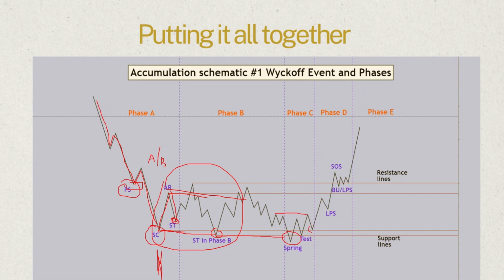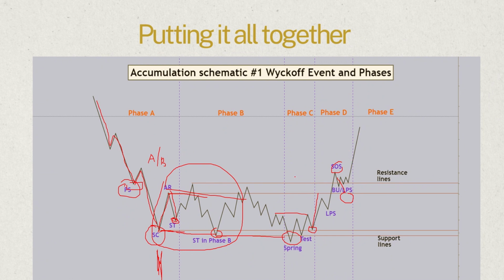You could enter here if you are an experienced trader and you target the upper part of the trading range. If you are not an experienced trader, you wait for the market to break out of the trading range, giving you a sign of strength, and then you take it on the pullback to the last point of support in phase D. So for an experienced trader, you could trade phase C, phase D, and then phase E is too late because by then the market has already taken off.